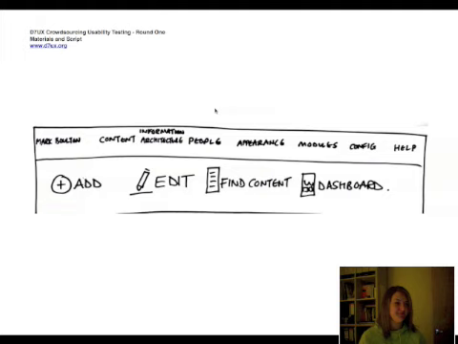Which one of those would be appropriate for this question, where you want to give a new staff member access to put content on your website?